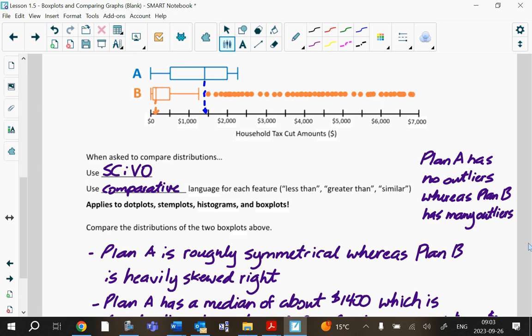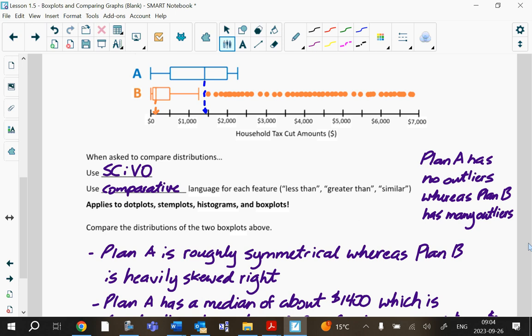And yet, if you look at Plan B, what percent has a tax cut above 500 bucks? How much does this represent? 25%. I know it looks like more, but remember, Q3 means 75% is below, 25% is above.